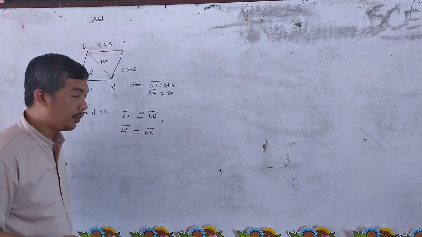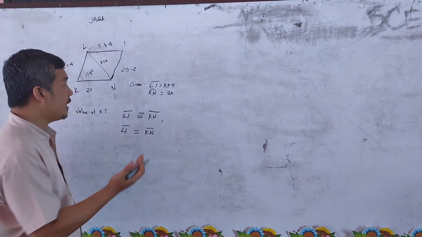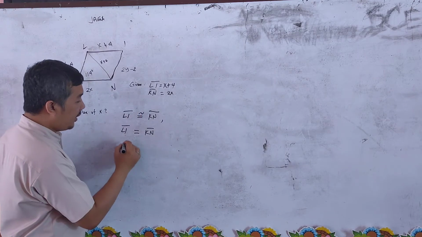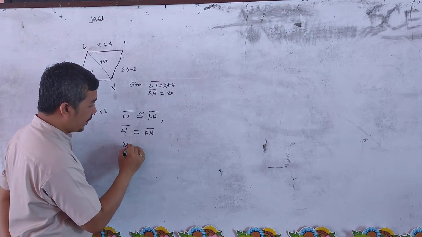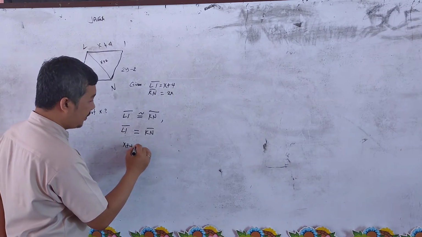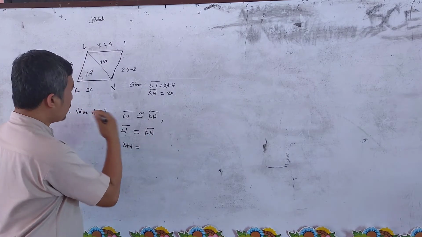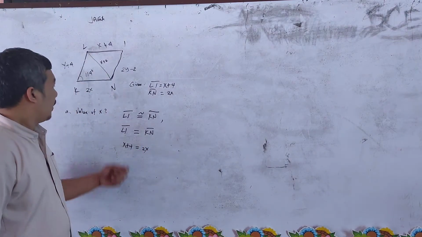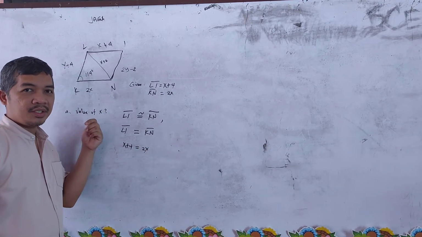No? Equal ang measurement. So anong significance nito dito sa problem natin? Si line LI is x plus 4. Si KN is 2x. So x plus 4 is equals to 2x. We can now solve for our x.